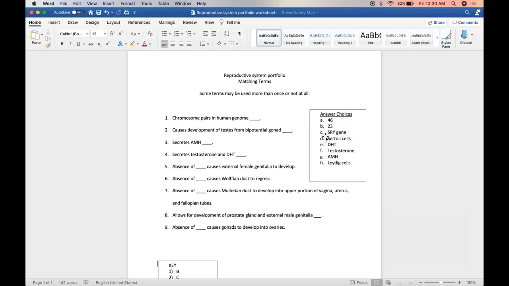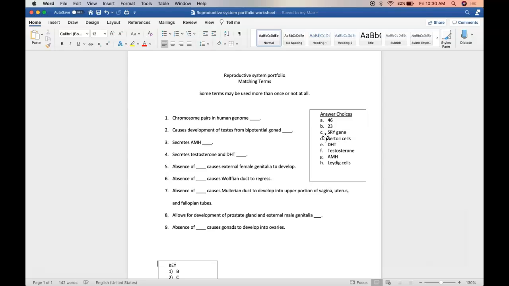Which of these causes development of testes from the bipotential gonad? The answer to this is the SRY gene, which is answer choice C. Number 3, what secretes the anti-Mullerian hormone? That's the Sertoli cells, so D. And then number 4 secretes testosterone and dihydrotestosterone. That is the Leydig cells, H.